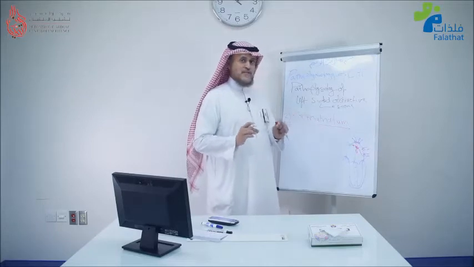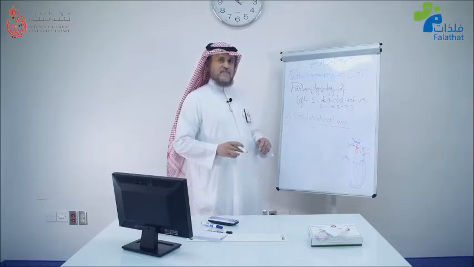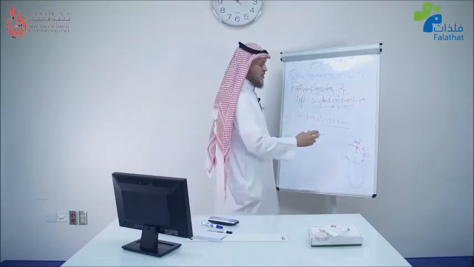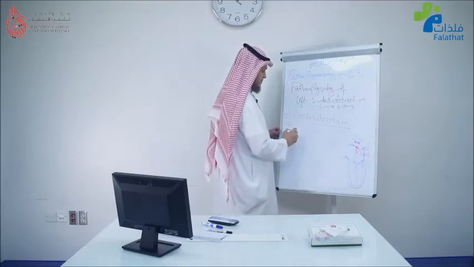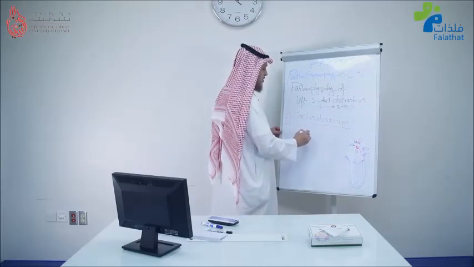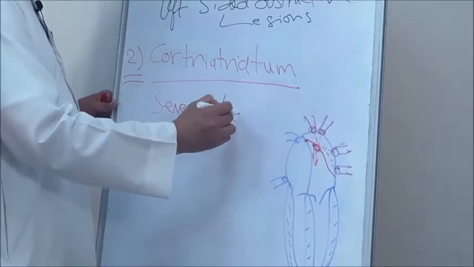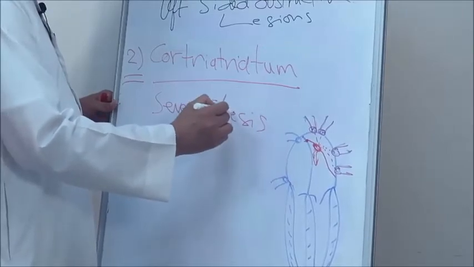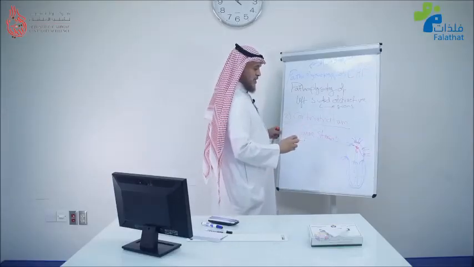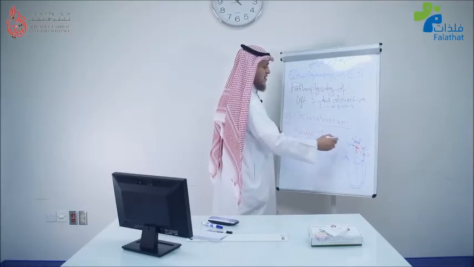The usual presentation of cor triatriatum is early in life, and the usual effect is severe. So cor triatriatum is usually a significant stenosis, moderate to severe or severe, but nothing less than that.